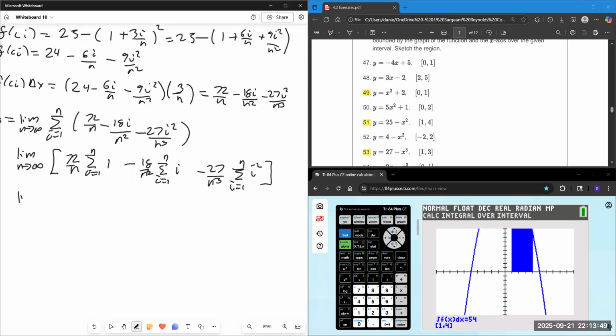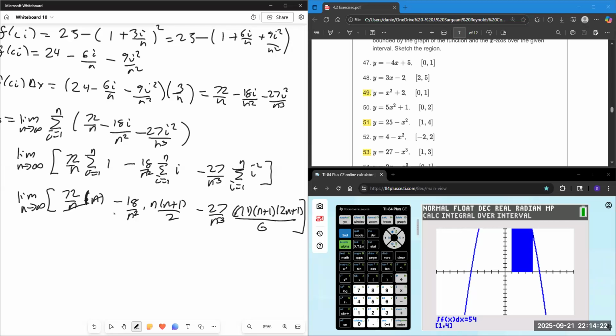That is the limit as n goes to infinity of 72 over n times n, minus 18 over n squared times n times n plus 1 over 2, minus 27 over n cubed times n times n plus 1 times 2n plus 1 over 6.